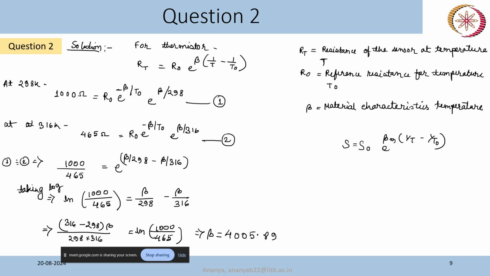What will be the unit of beta? I hope that you also get the number here. What will be the unit of beta? Beta is material characteristics temperature.